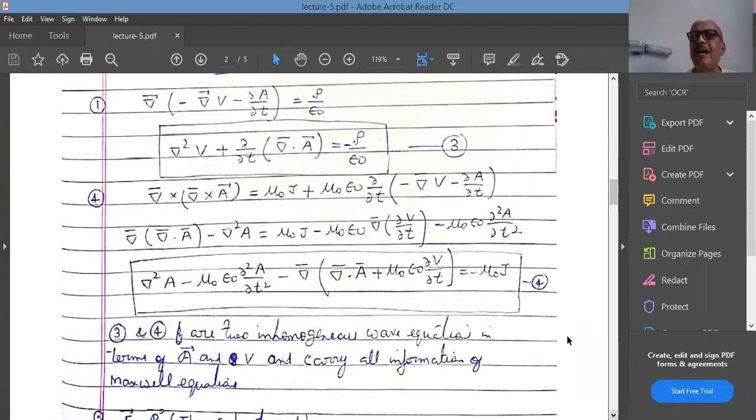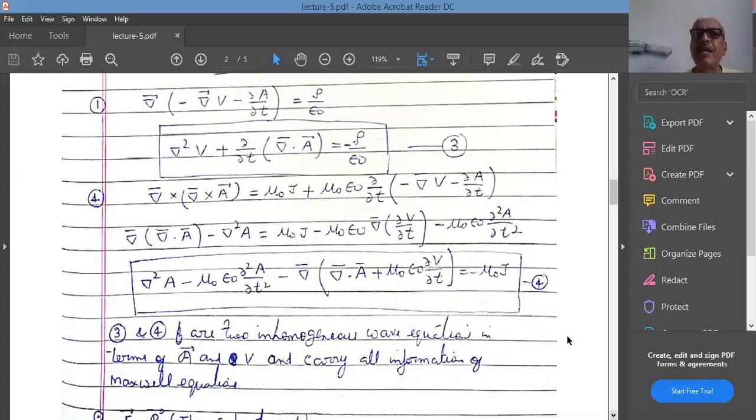Now the question comes, what is the advantage of writing this? E and B are experimentally measurable quantities. E is a vector quantity and B is also a vector quantity. So in three-dimensional vector space, E will have three components, Ex, Ey and Ez. Similarly, the magnetic field B will also have three components. So in total, we have 6 components to define if we want to understand the propagation of electromagnetic waves.